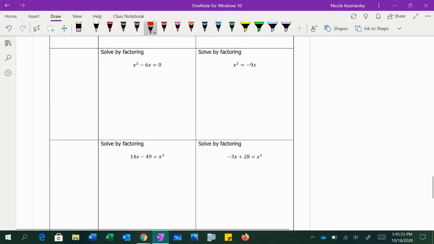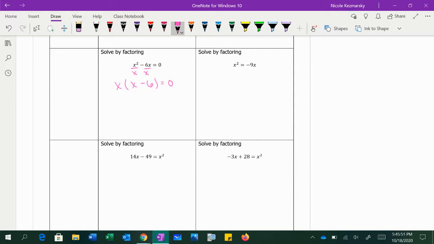Okay, couple more. For the next one, we could actually factor out an x. Both terms have something in common, so I could divide out an x. We're missing that third term, so I'm going to go ahead and do that. That's going to leave me with x minus 6 equals 0.